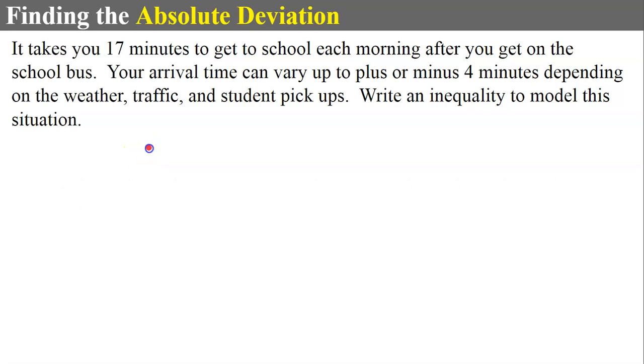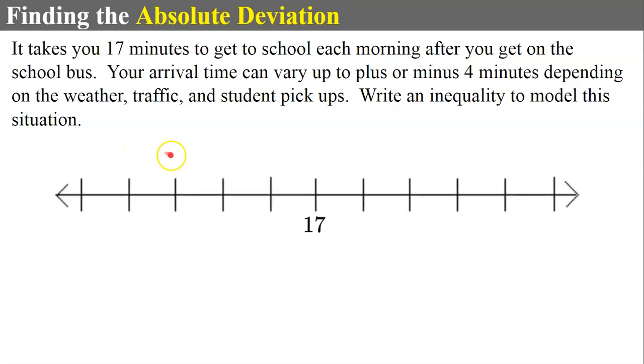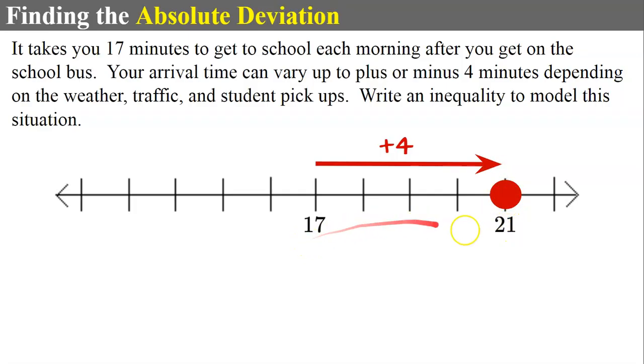I always like to start with a graph, with a number line. We know that first we're talking about 17 minutes. Typically it takes 17 minutes for the school bus to get you to school. But sometimes it could take longer, and it could vary by up to 4 minutes. So it could be a closed circle, and it could be 4 minutes more, which is 21 minutes.